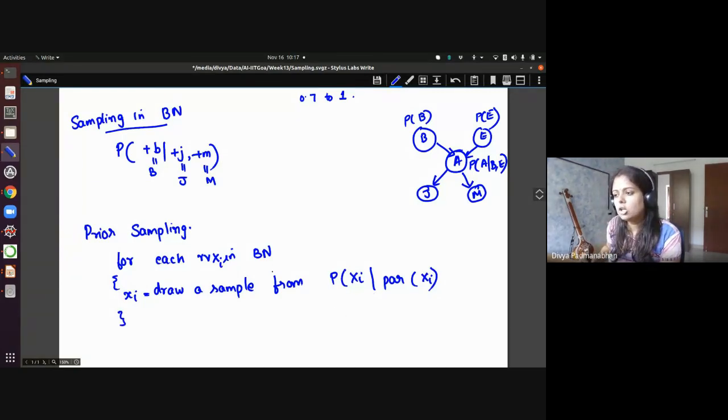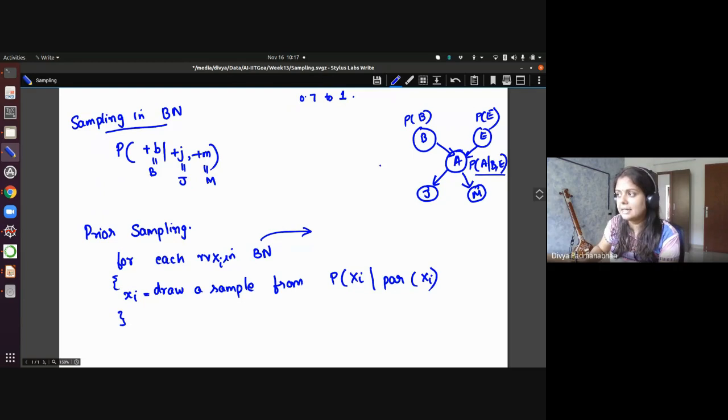Now, one particular thing to note here is that there's a particular order in which you should do this. You don't want to sample J first, or sample A first, because you only have A given B and E. So you want to generate the sample for B and E before you generate A. Do you remember there is a name for this kind of an order?